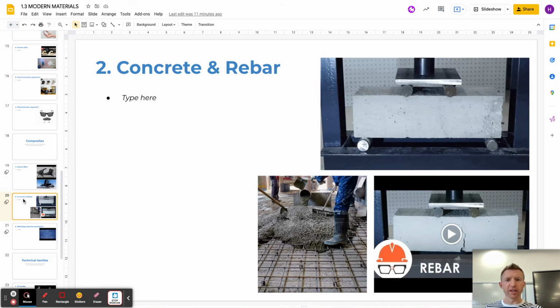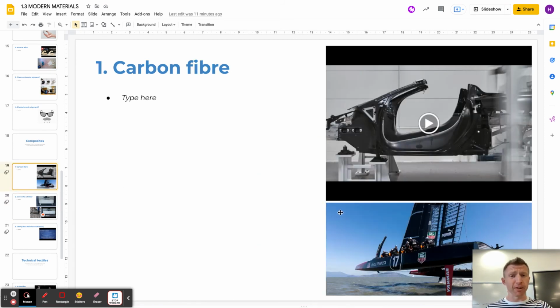Another one is concrete and what's called rebar. Concrete by itself, you can see in this GIF here, is really brittle. If you have just a billet of concrete like that with nothing inside, it doesn't take a huge amount of concentrated force to push down and suddenly it'll snap. You can see the hairline fracture building there and it suddenly goes. Whereas if you pour concrete around what we call a rebar structure, which is literally rods of iron that have been woven into a lattice, it's actually very similar to carbon fiber.